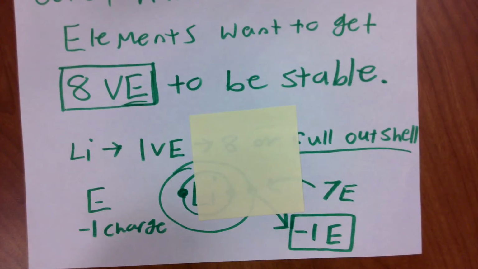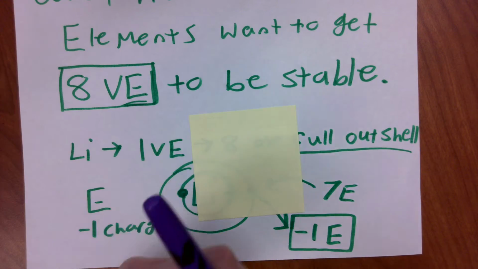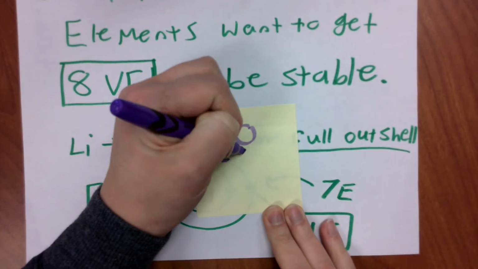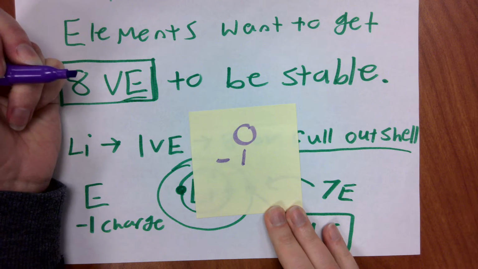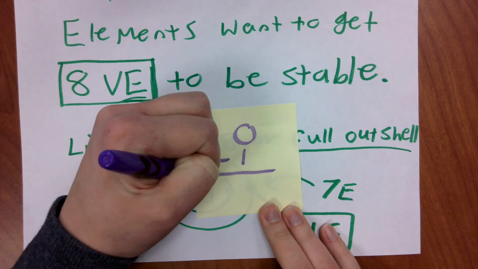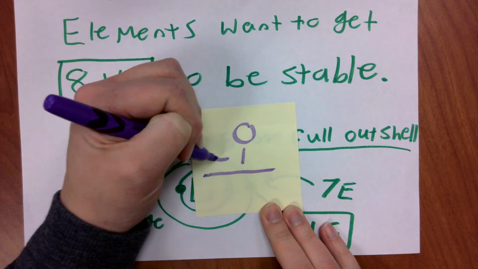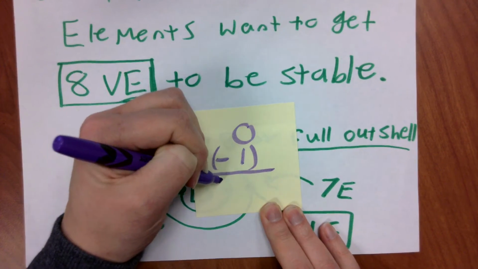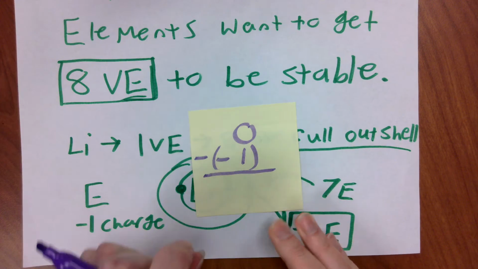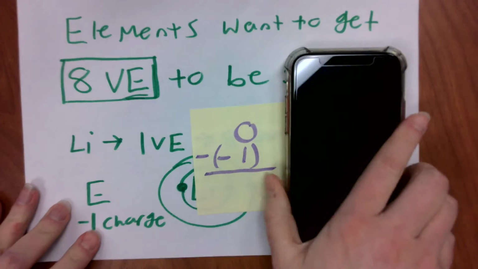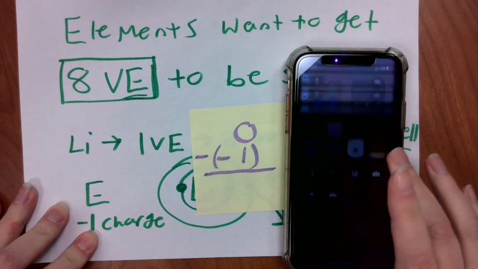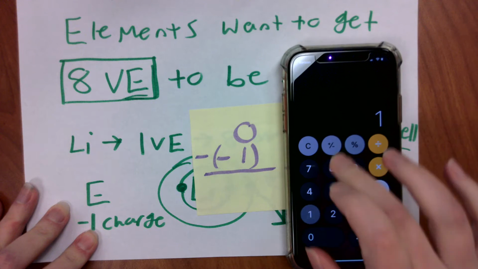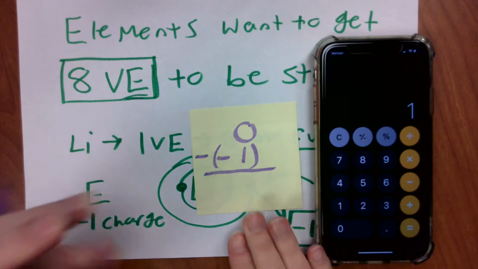In math, if you take a number that's 0, and you minus a 1 from it, like you get rid of 1 charge, like if you get rid of a negative number, so if you minus a negative 1, if you do that mathematically, 0 minus a negative 1 is positive 1.